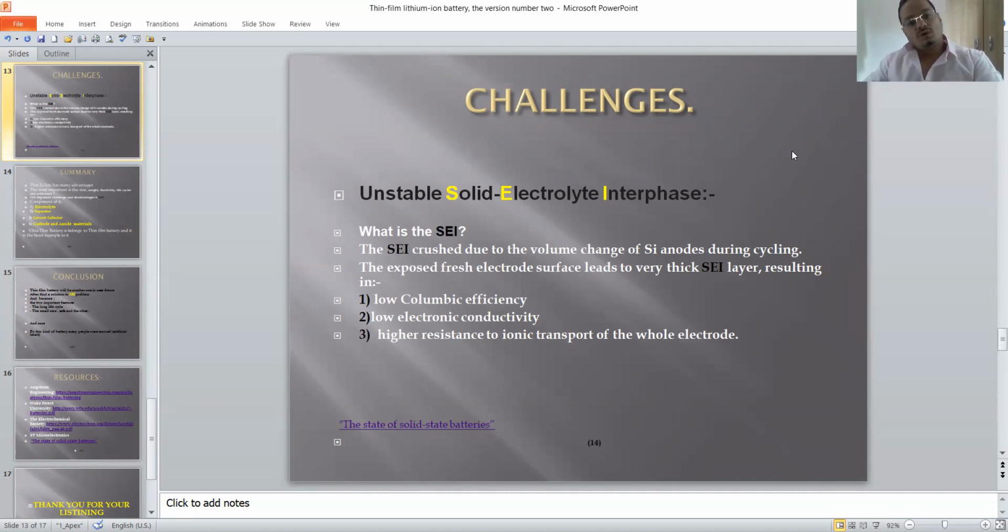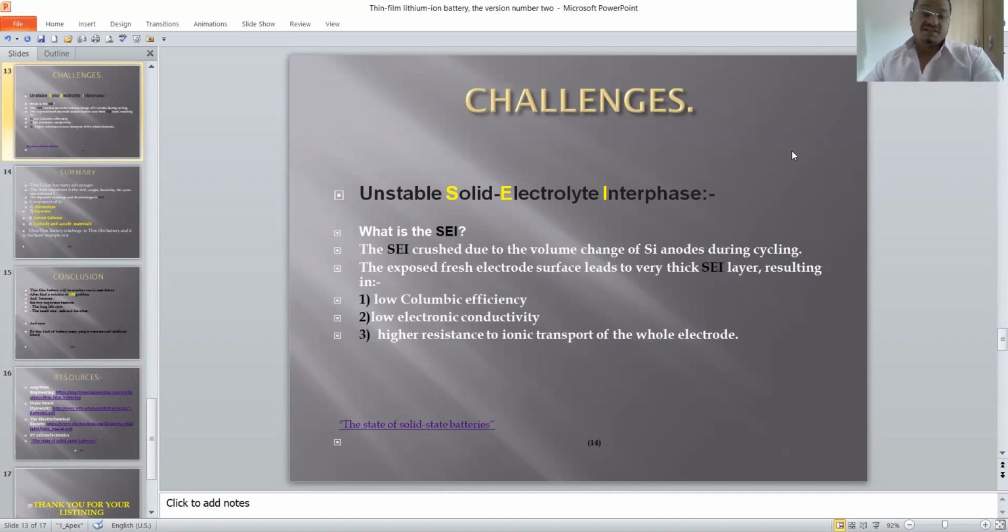This will work to prevent the electrons, the charge, the ions from moving through it. Because of that, we will lose the efficiency of this battery by charge, discharge, day by day.